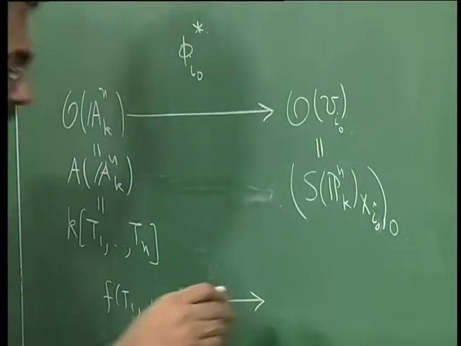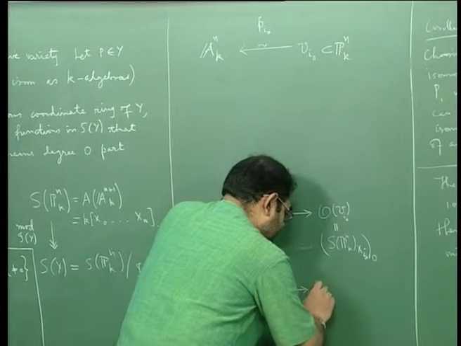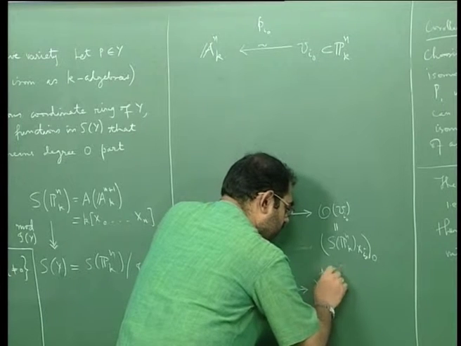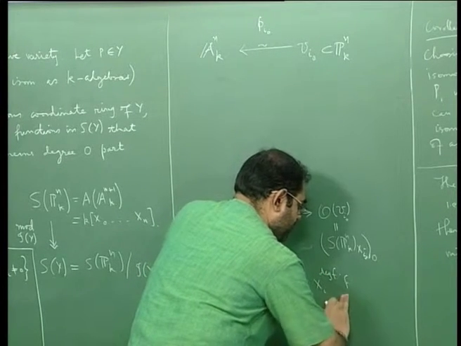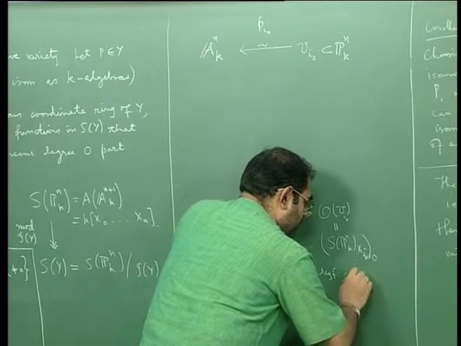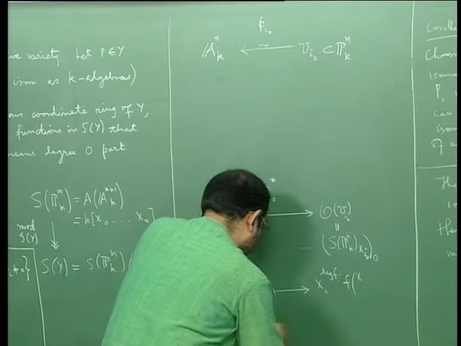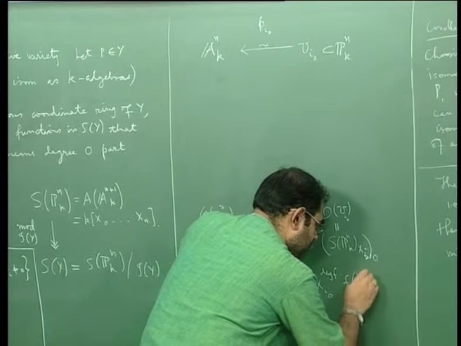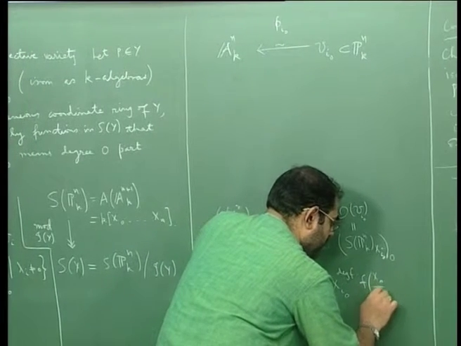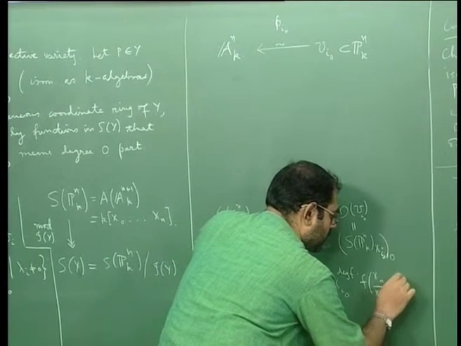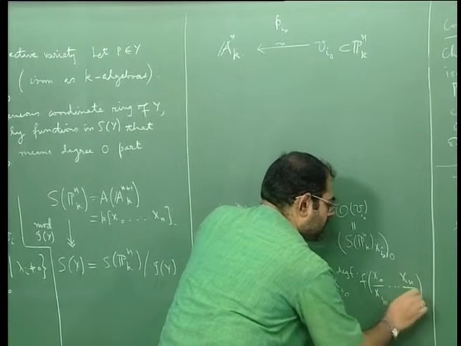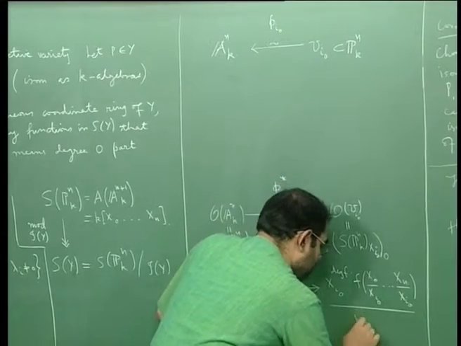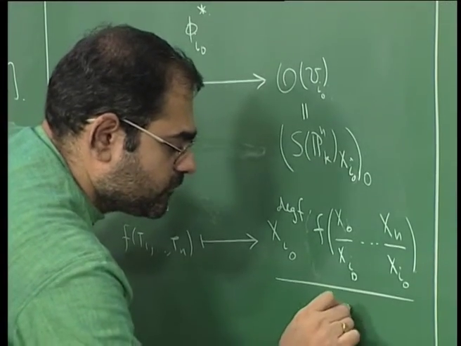So it's going to be x_i0 to the degree f times f of x0 by x_i0, dot dot dot, xn by x_i0, and then divided by x_i0 to the degree f.